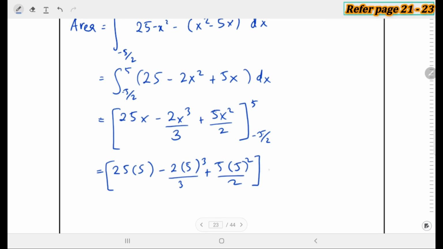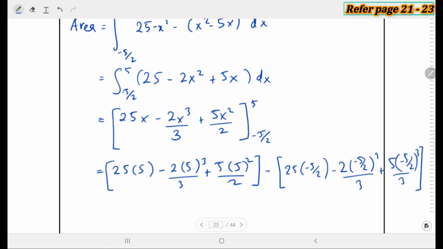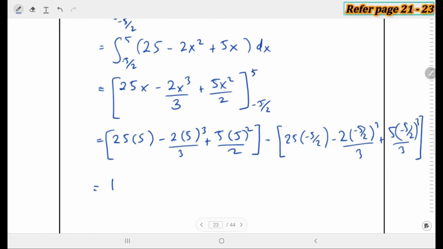Then just use your calculator to find the final answer. 25 times 5 minus 2 times 5 cubed over 3 plus 5 times 5 squared over 2, minus the same expression at negative 5 over 2. This step is worth one mark, and the final answer is 140 5 over 8 units squared.